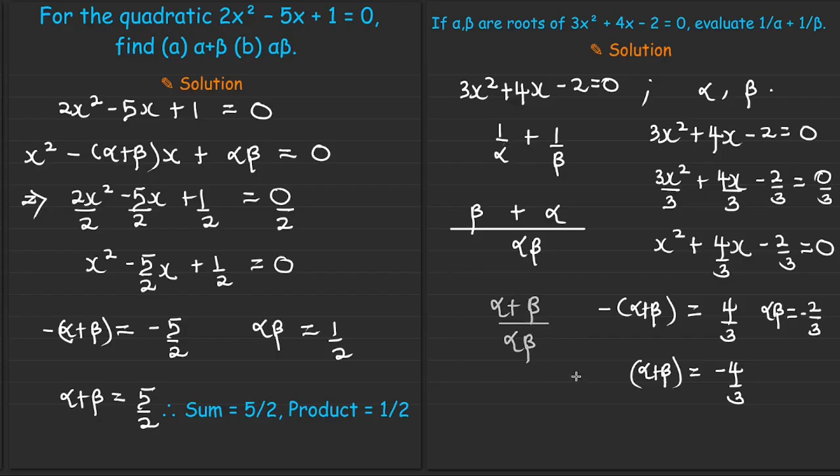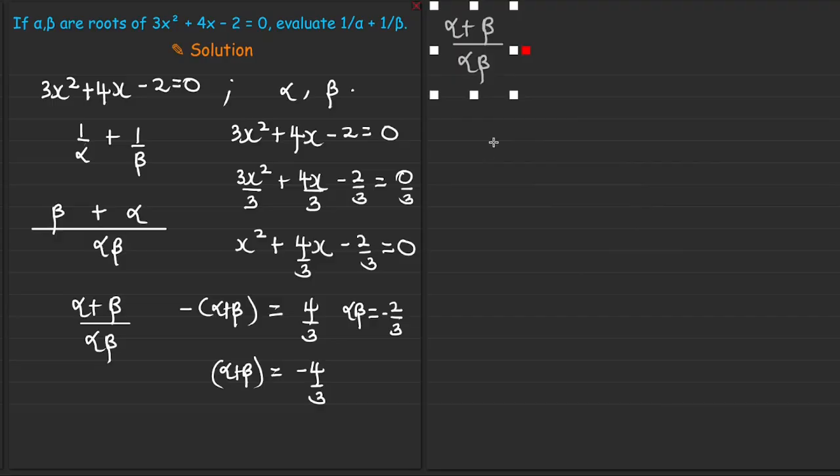So with that, we can come and solve for this over here. We do that by substituting our values. We know alpha plus beta was negative 4 over 3, so we have negative 4 over 3.